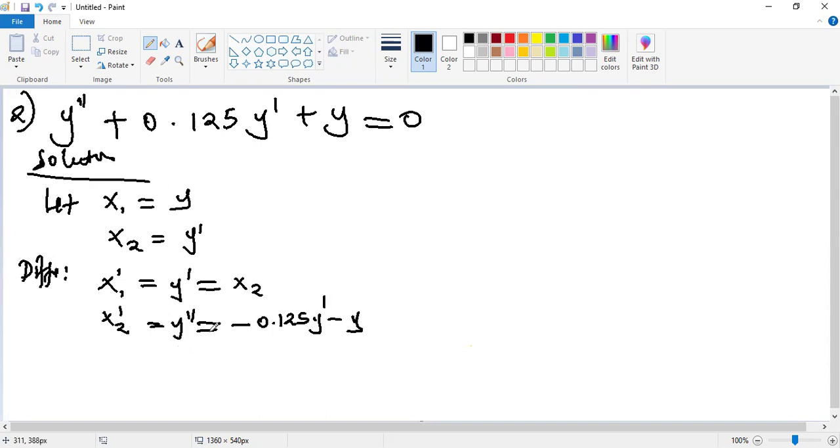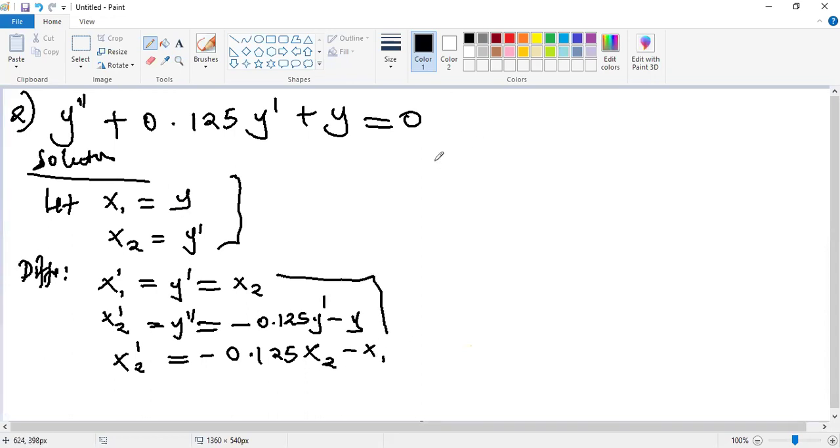So we can eventually write this as x2 prime is equal to minus 0.125. What is y prime? Come here where we've assigned our variables. y prime is x2 and y is x1, minus x1. So we have these 2.